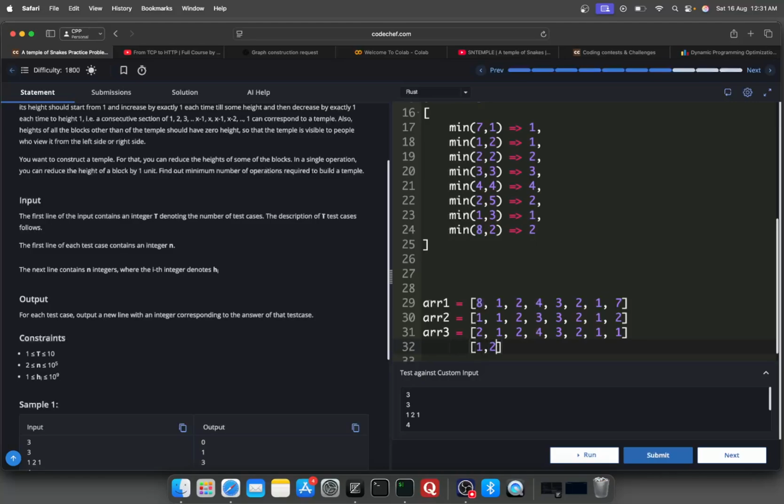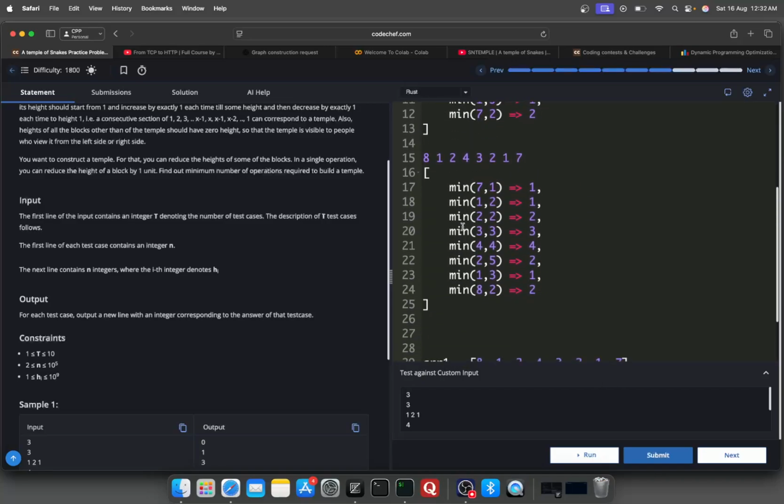So here's the minimum, here's also a minimum, 2 is minimum, and 3 is minimum, 3 also minimum, 2 is minimum, 1 is minimum, and 1 is minimum. So this is the minimum element array, and this is our desired array according to the question.